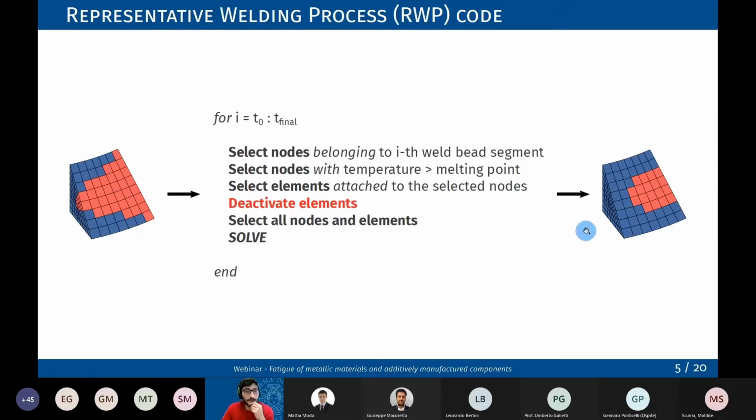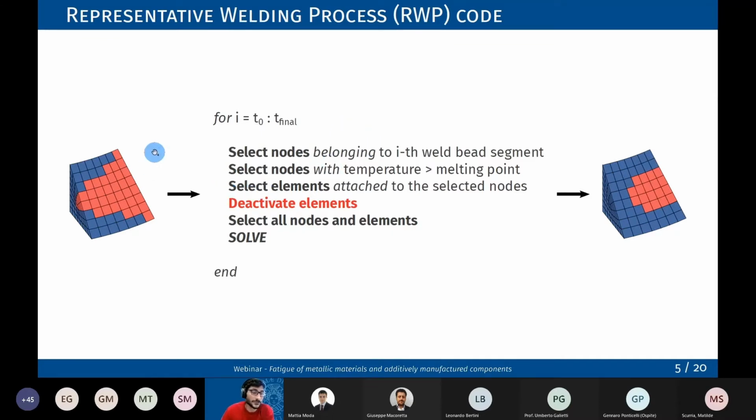I wanted only to report the important part of the model, the code behind the model, how to simulate the weld bead deposition process. Here we are selecting the nodes belonging to the weld bead that have temperature higher than the melting point.